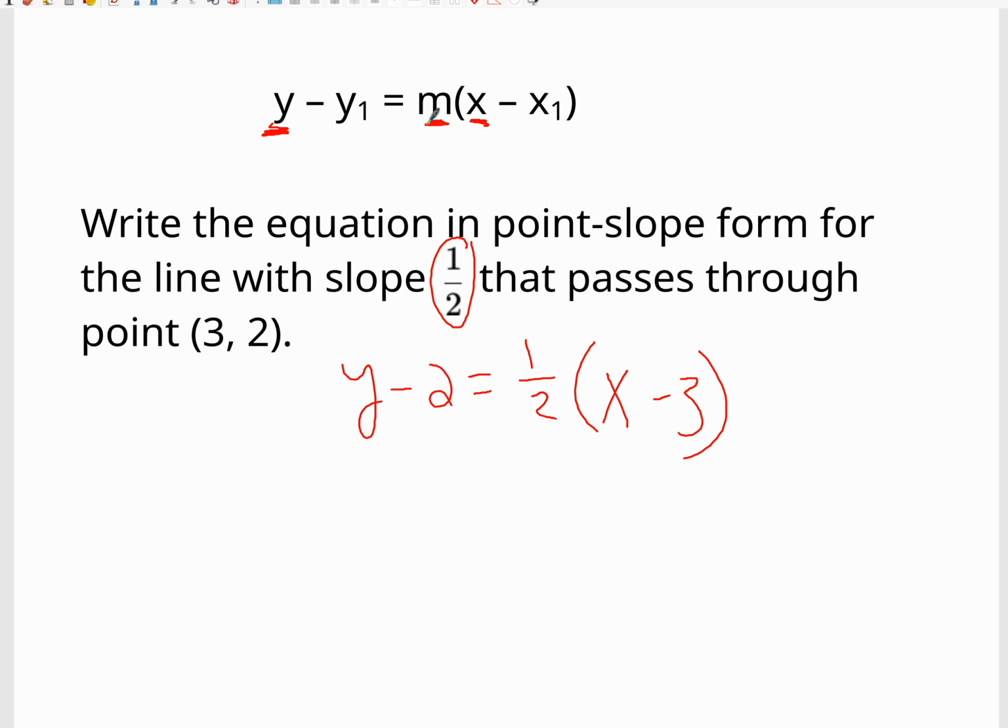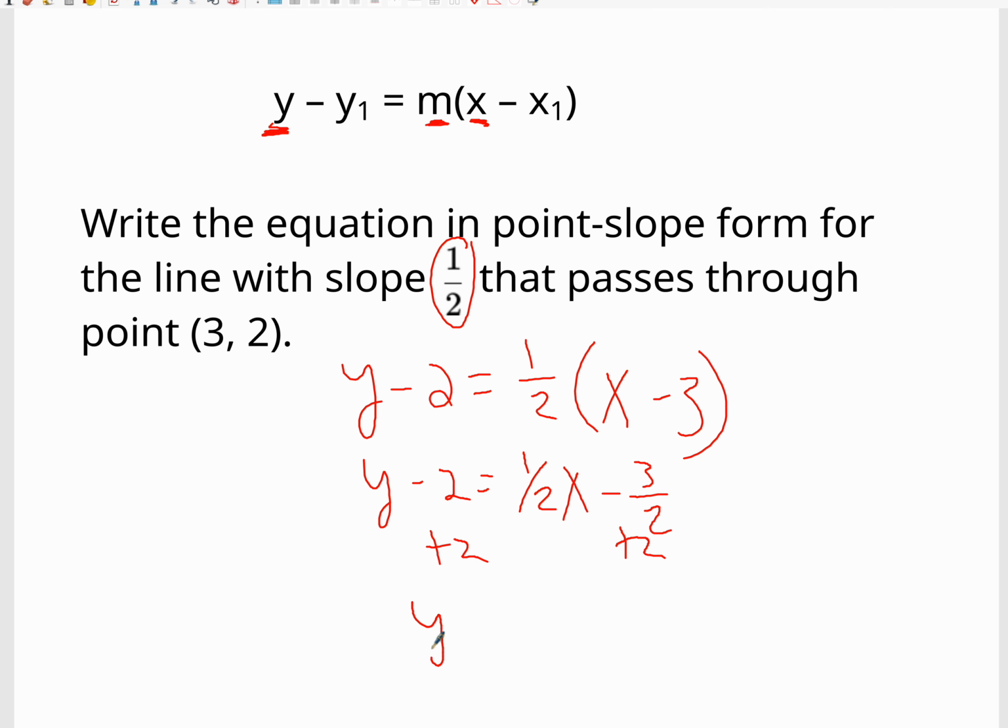Once we have it in this form, then we can do stuff with it. I could put this now into slope-intercept form if I wanted to. All I've got to do is get y by itself. I've got to distribute here, add 2 to both sides, and then I would have it in slope-intercept form. So we could do y minus 2 equals 1/2 x minus 3/2. All I did was distribute, right? And then we can add 2 to both sides.